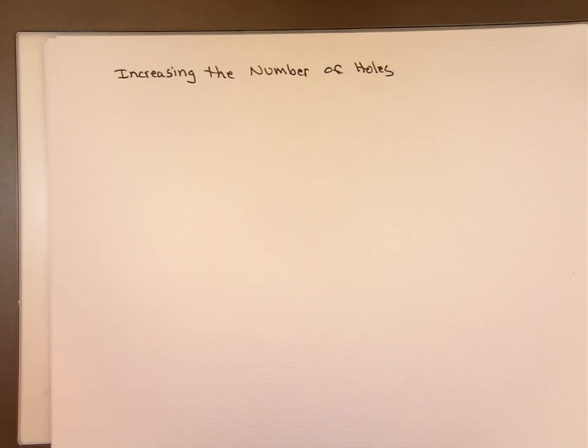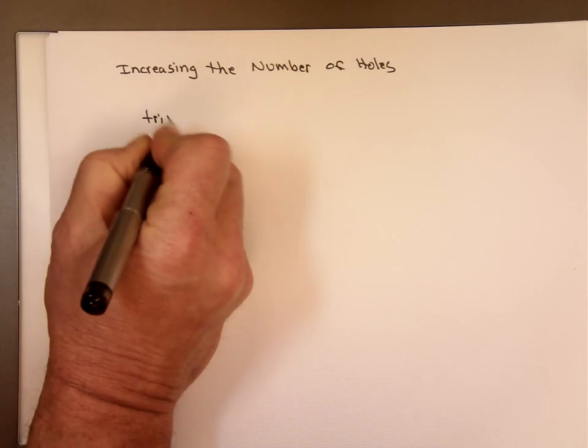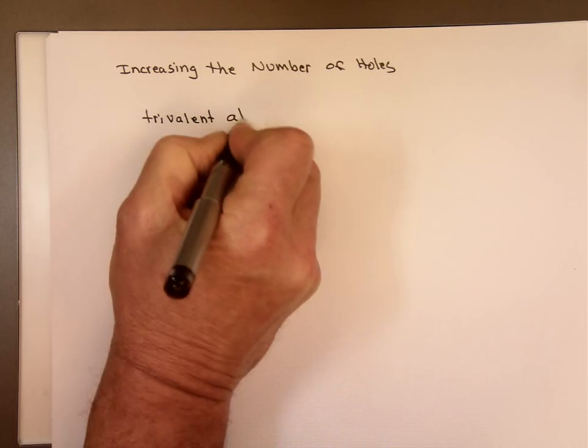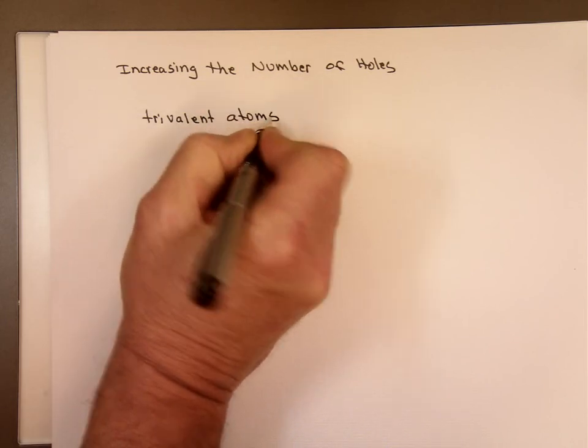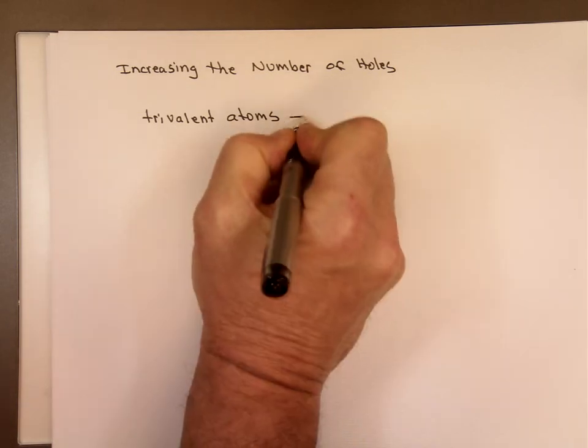In this case, instead of adding pentavalent atoms, we're going to be adding trivalent atoms. So what's a trivalent atom? Trivalent atoms, these are atoms actually with 3 electrons.